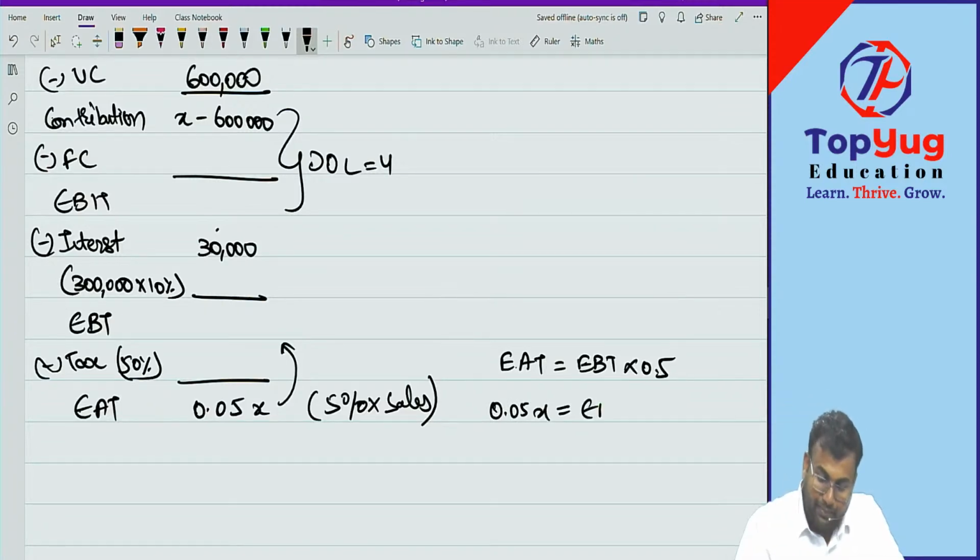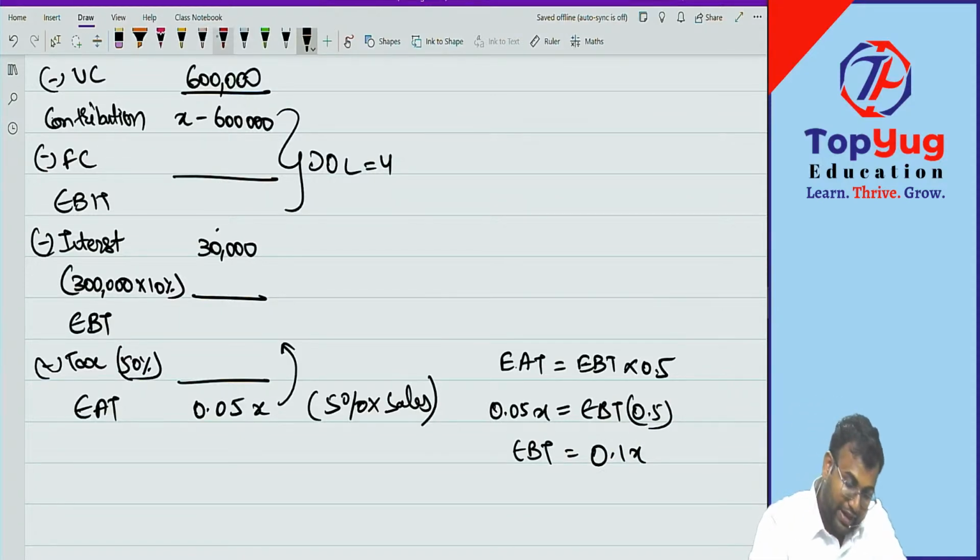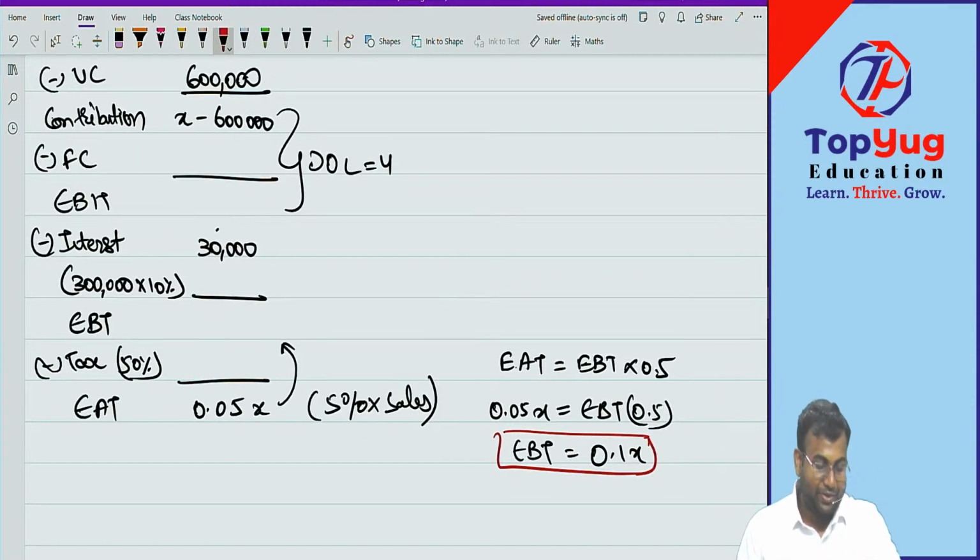Then what would be the EBT now? EBT would be 0.1x. Are we able to calculate this? Do you feel like you are sitting in your maths classroom?